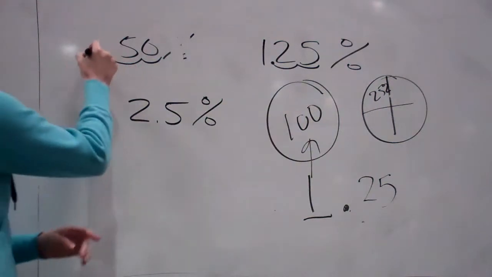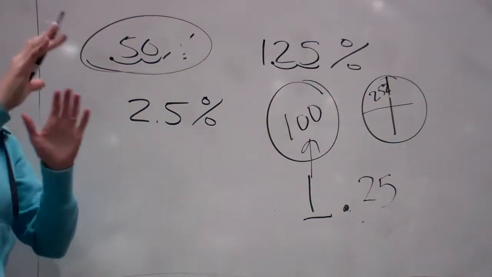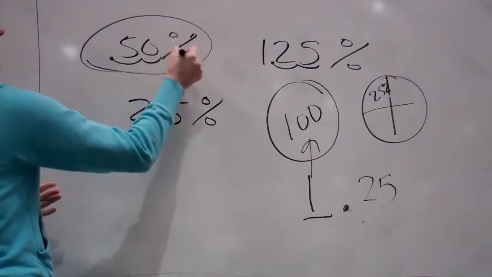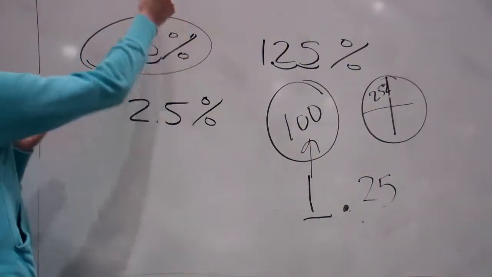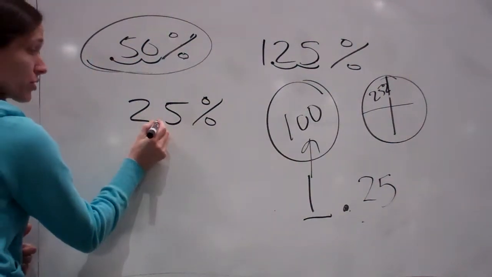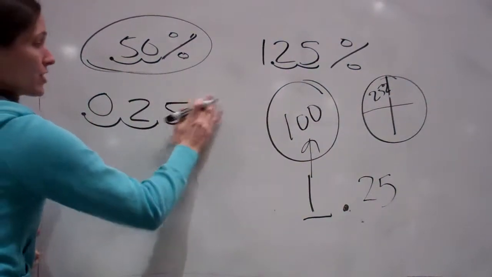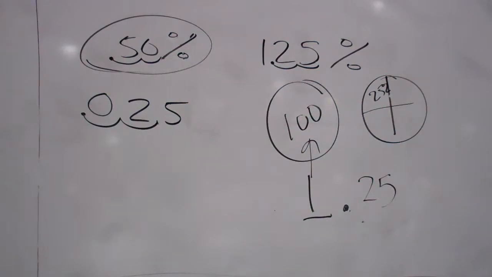Why? Because let's use our standard that we're going by. 50% is our standard, the one to always go to and look at. 50% becomes 0.50, so it moved 2 places to the left, so this is going to do the same. 1, 2. So my answer would be 0.025.